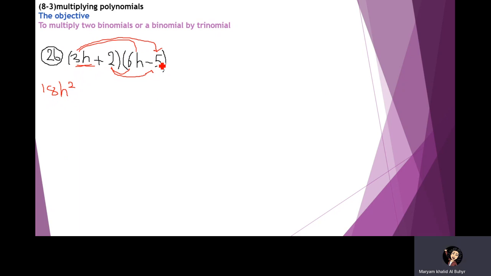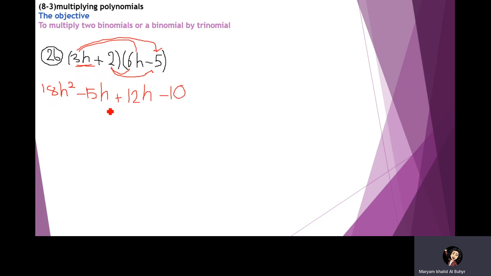This one and this one. 3 times -5, -15. h, I don't forget the h because there is h here, plus 2 times 6h, 2 times 6, 12h. 2 times -5, which is -10.